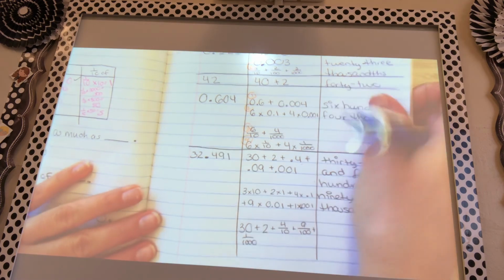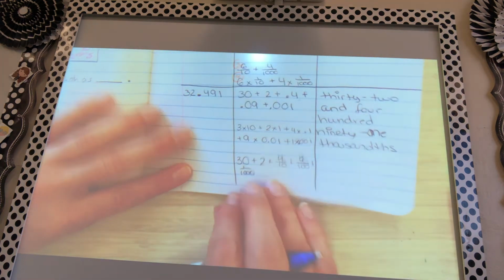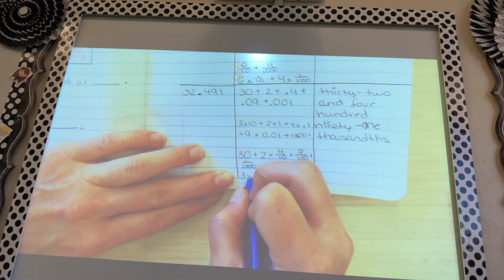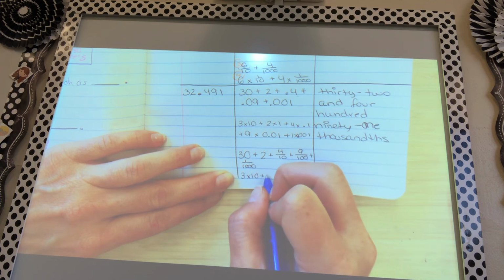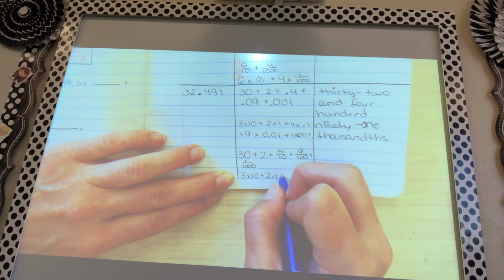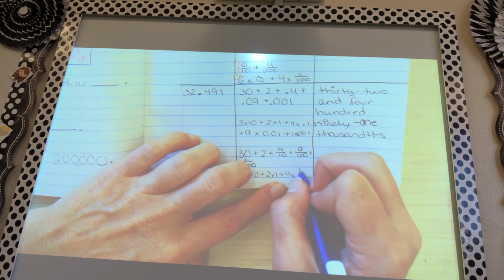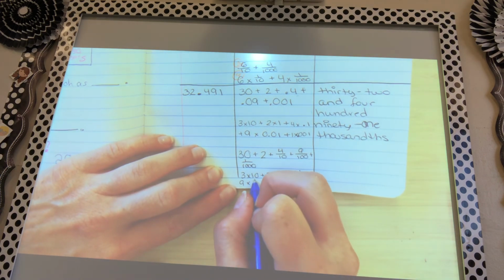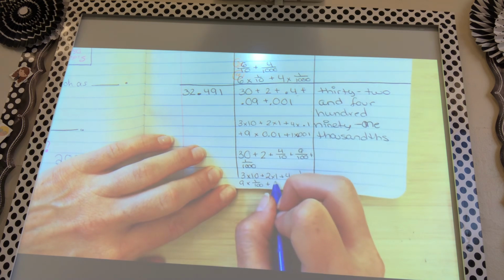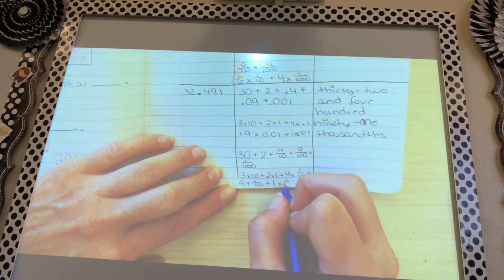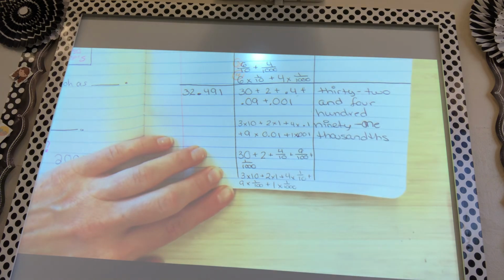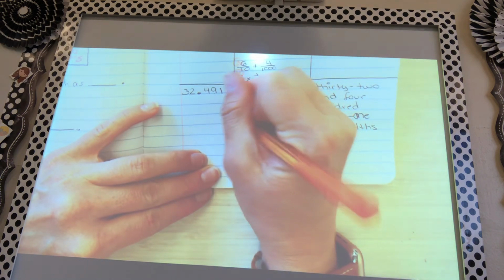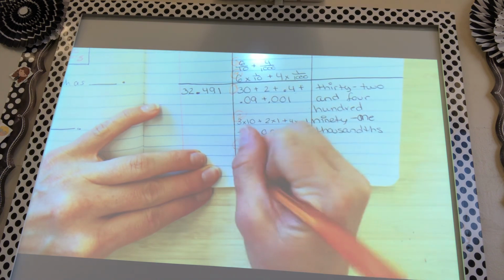And last but certainly not least, I could write my fractions again, but this time I will separate by a place value. 3 times 10 plus 2 times 1 plus 4 times 1/10 plus 9 times 1/100 plus 1 times 1/1000. And those are my 4 different ways I can write out my expanded form.